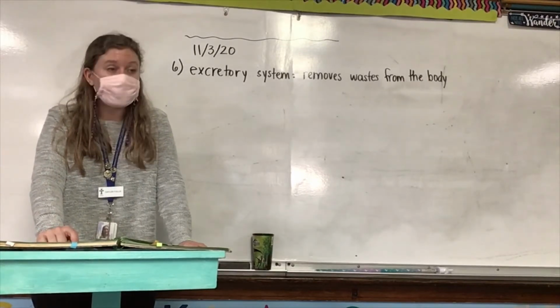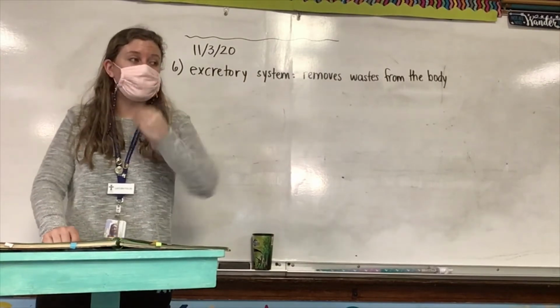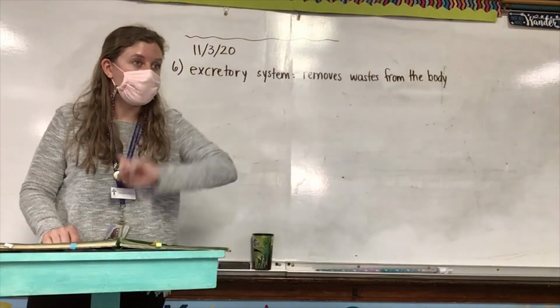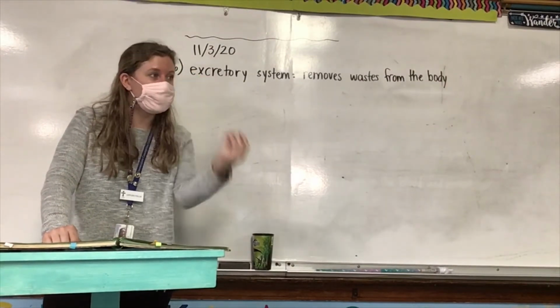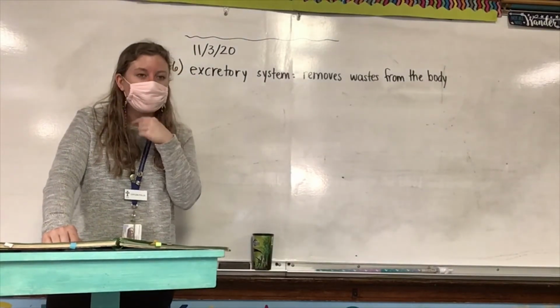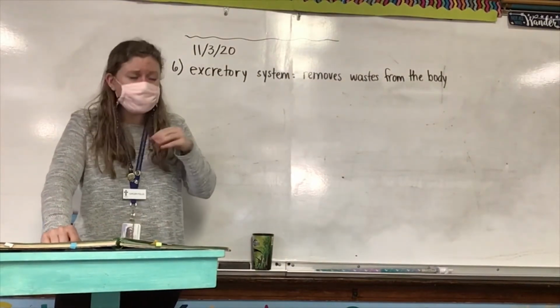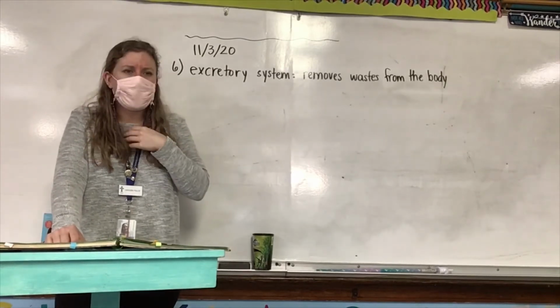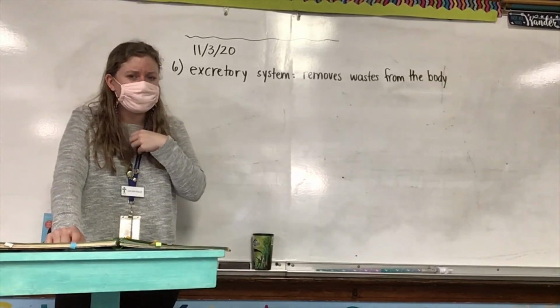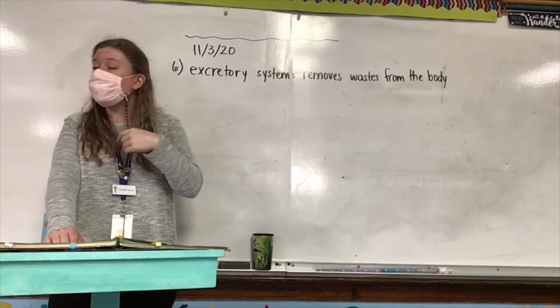So that means the liver and the kidneys make sure that the blood keeps flowing, but any waste stuff, any stuff that shouldn't be in your blood, stays there. So that when your blood moves to your heart, your kidneys and your liver have already filtered out the bad stuff, so it doesn't get to your heart. That's why it's so important for your liver and your kidneys to work well.